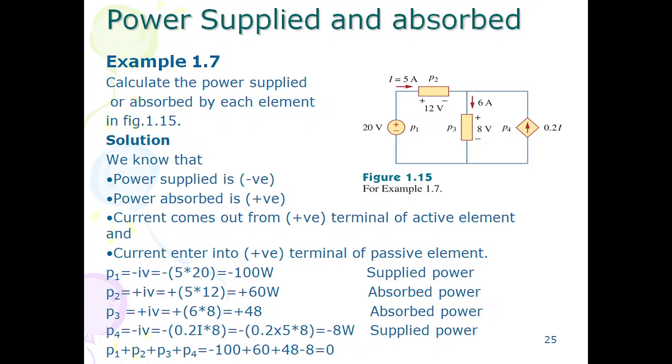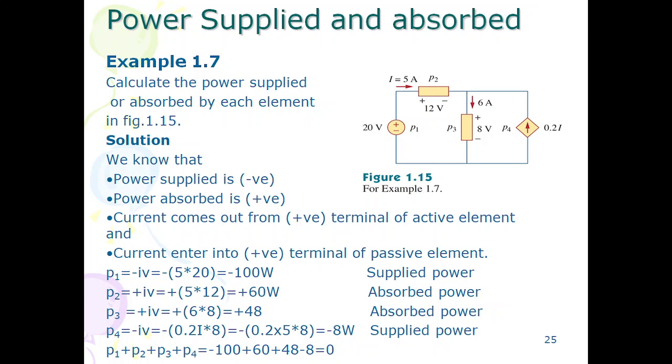Now come toward finding the power P1. P1 is the power across the 20 volt source. Now it is a source and it is supplying power, and it is an active element, so current is coming out of it. Then minus sign for power supplied.